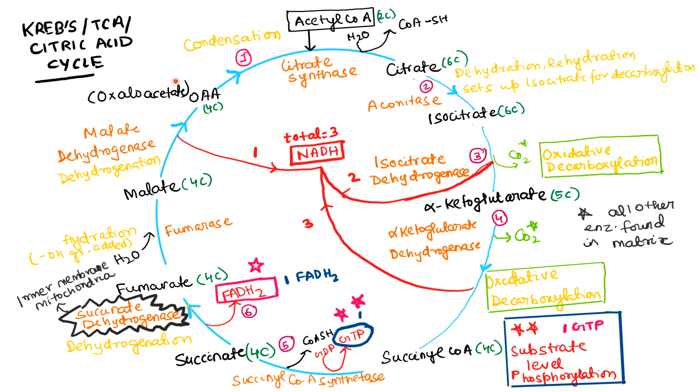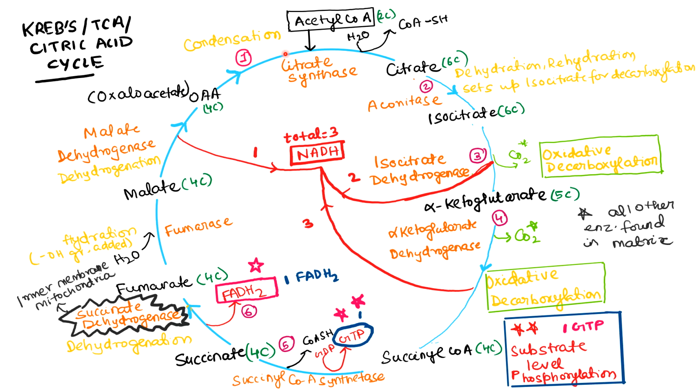So this is the schematic representation of the Krebs cycle, otherwise known as the tricarboxylic acid cycle or the citric acid cycle. Now here acetyl coenzyme A, the 2-carbon compound which is formed in the link reaction in the mitochondrial matrix, undergoes a step of condensation with a 4-carbon compound oxaloacetate.